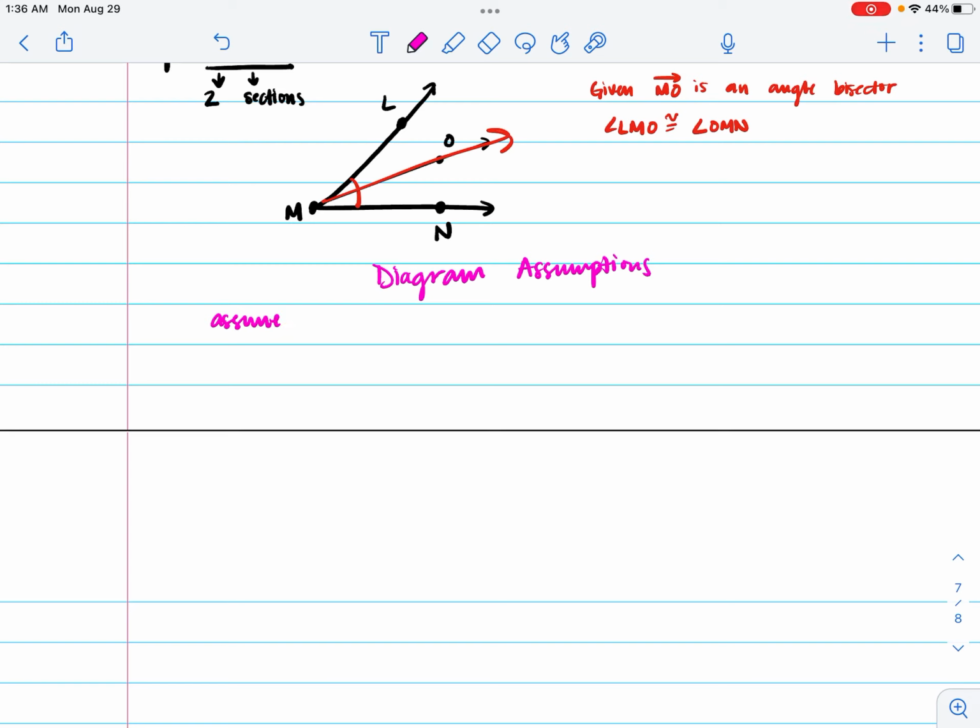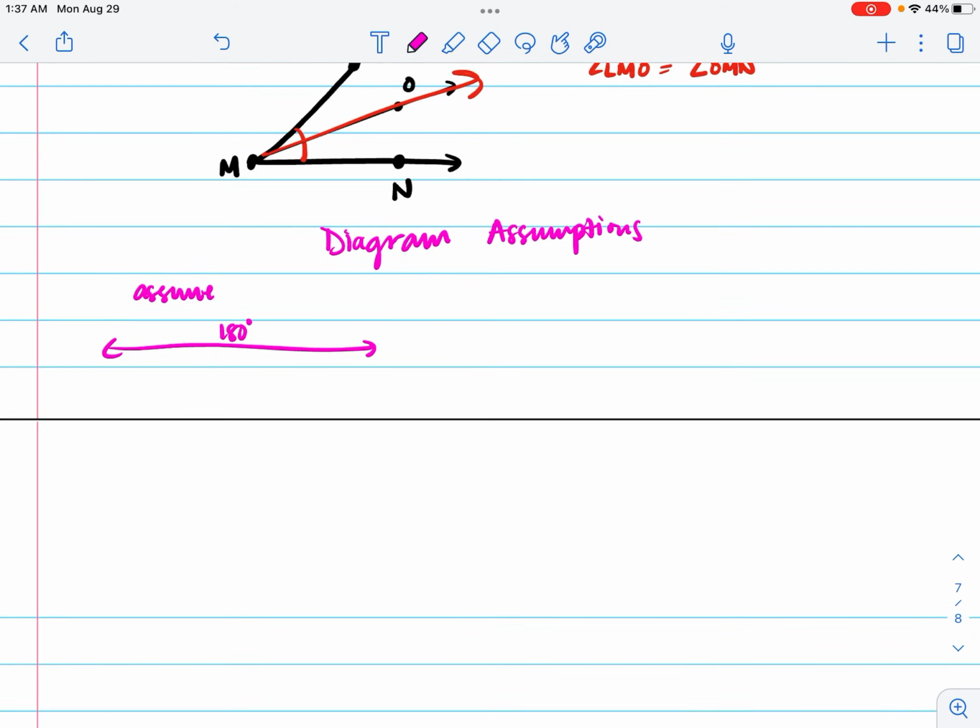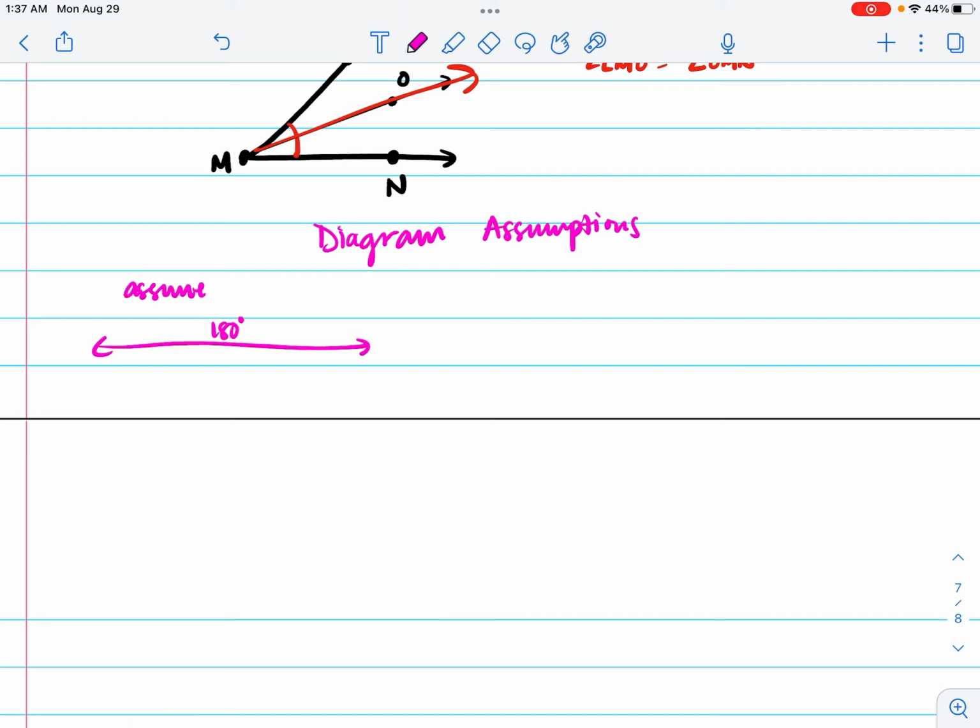You could assume, for instance, if you see a straight line, this is 180 degrees, no matter what. If you see a straight angle, assume it's 180 degrees, okay? You could also assume if points are on the same line, they are collinear, okay? That's not terribly important. Mostly I want you to assume if you see a straight line that looks like it's straight, assume it's 180 degrees.